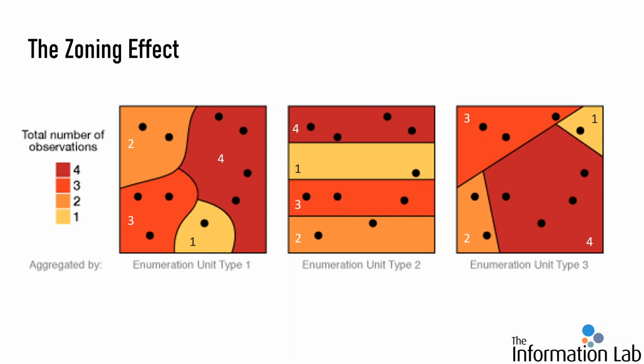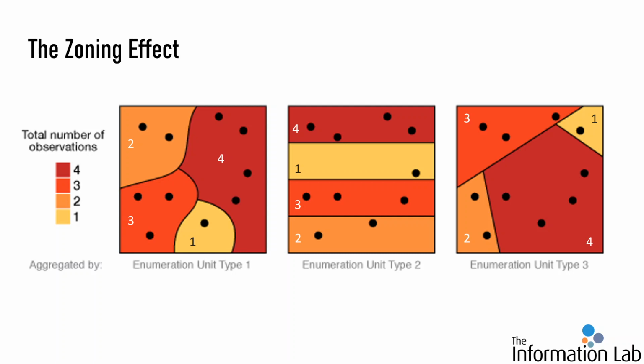Now, for those of you interested in US politics, this zoning effect is at the heart of redistricting. It effectively allows gerrymandering to take place. Now, in reality, and moving back to our content here, any space on Earth can be divided in an almost infinite number of ways.